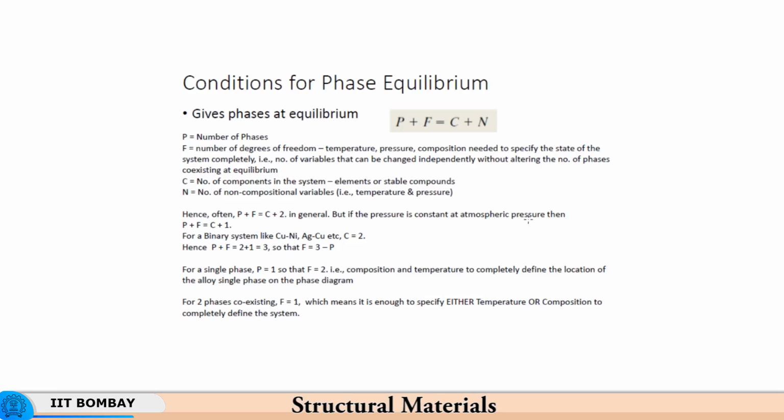So, you have C plus N equal to 2 plus 1 equal to 3, and then the number of degrees of freedom F will be equal to 3 minus the number of phases P. Now, if you have an austenite phase, it is a single phase. So, you have P equal to 1, and degrees of freedom F equal to 3 minus 1, which is equal to 2.